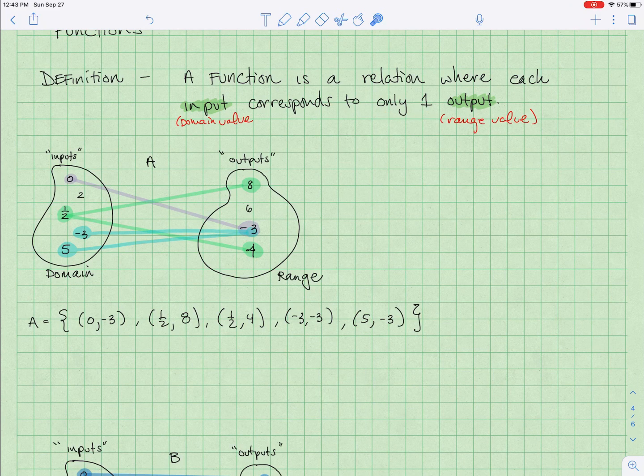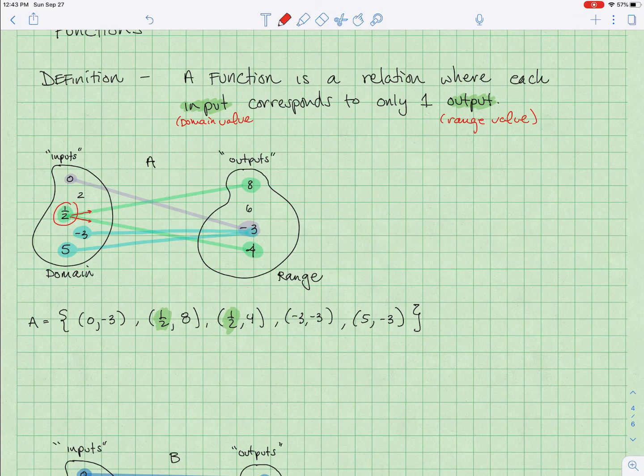Now, if I take a look at my inputs here, I want to specifically notice the input 1/2, which has two arrows or two connecting correspondence lines coming out of it. And that means that this particular input, 1/2, corresponds with multiple outputs.